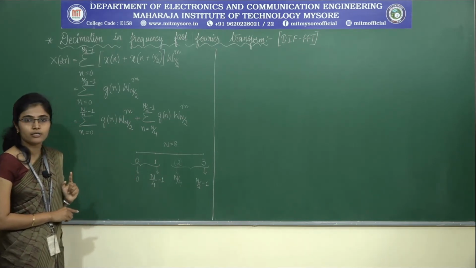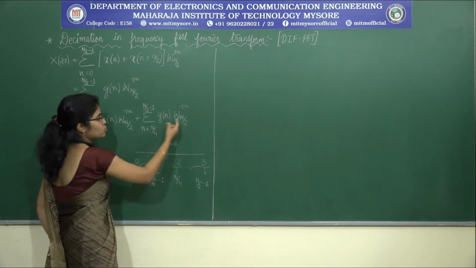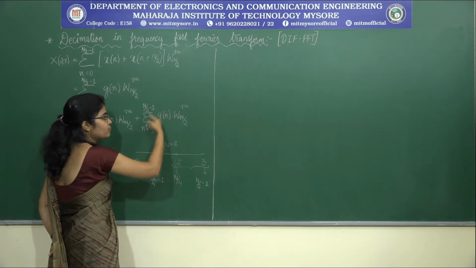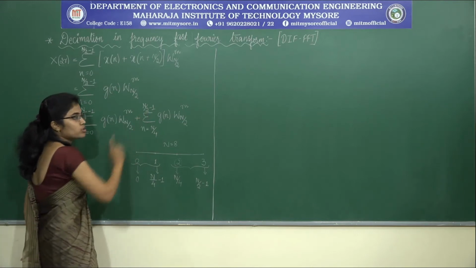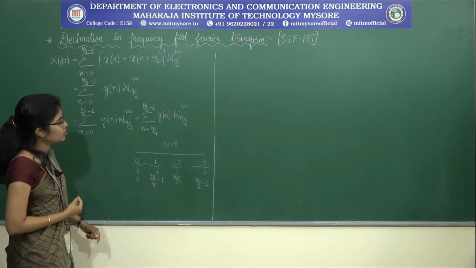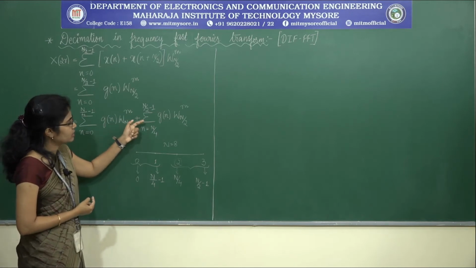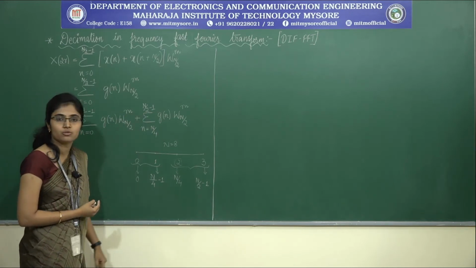In the next step, let us take a substitution for n only for the second summation. If we do so, what happens? The limits also change. So, let me write the equation directly to show how we get the limits if I take the substitution for n.